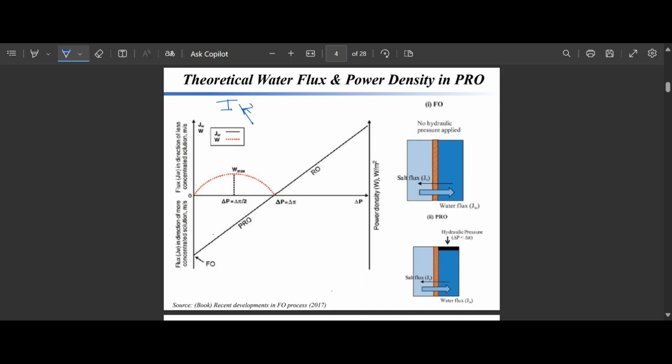But the maximum value can be reached only at half of the osmotic pressure. You can give power as much as you can, but it's not guaranteed to be the maximum power generation. Only half of the osmotic gradient, according to the equation.